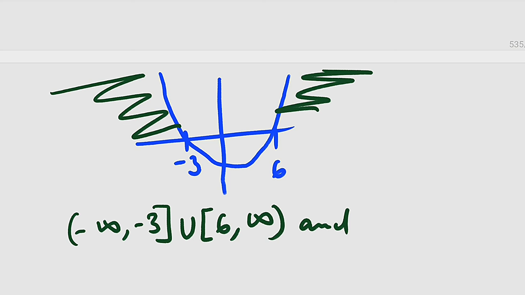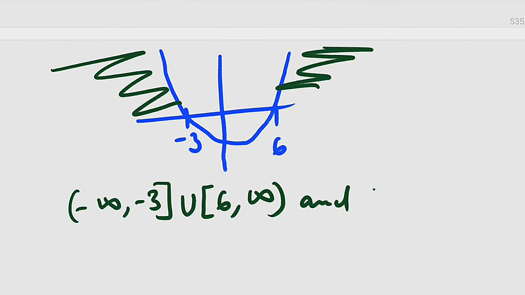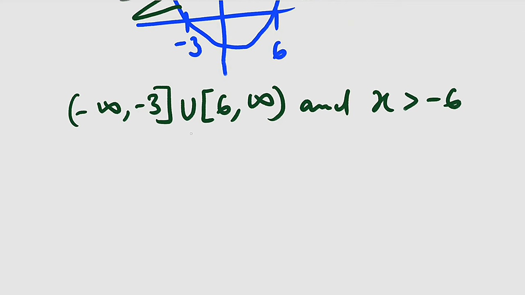And the other one, taking +6 to the other side, it becomes negative, so x is greater than -6. So now let us take the intersection between this and this. You can see that this is from negative infinity down to negative 3. But because of this, which stated that x is greater than negative 6, we have to start from negative 6 down to negative 3.